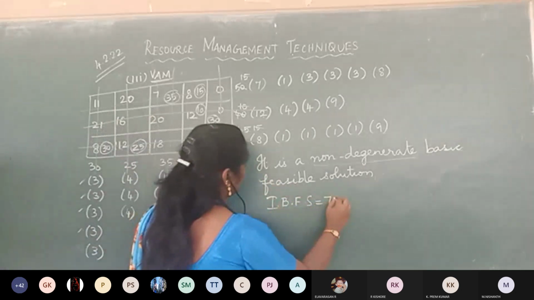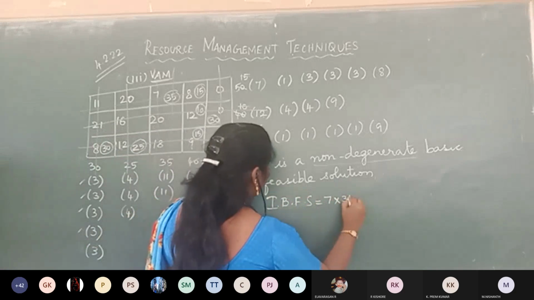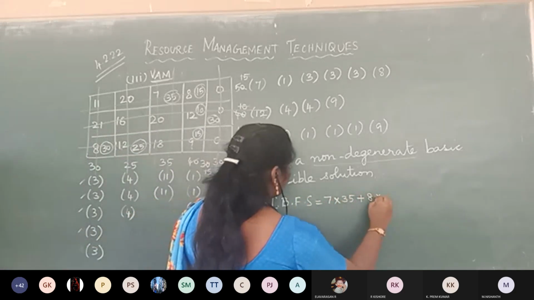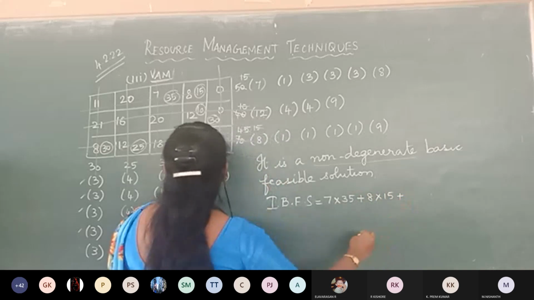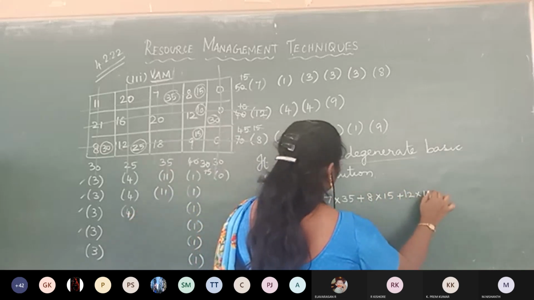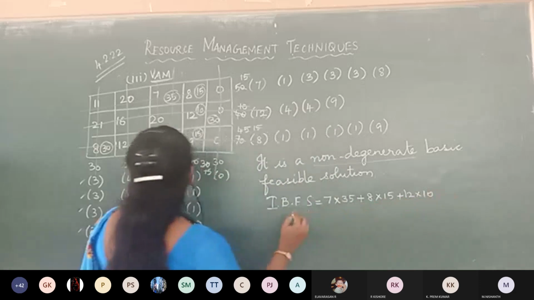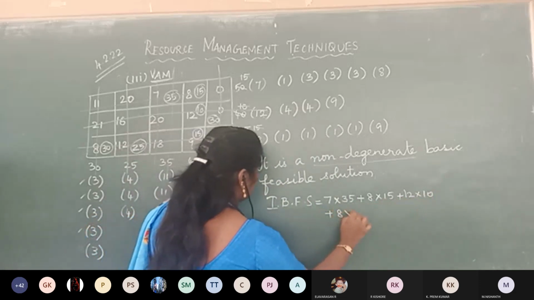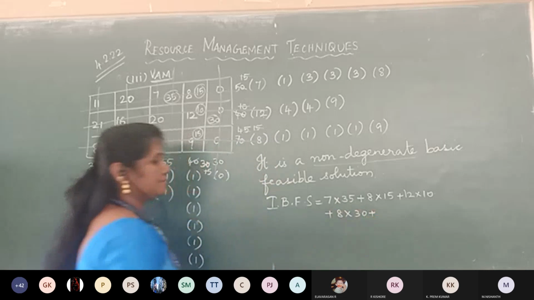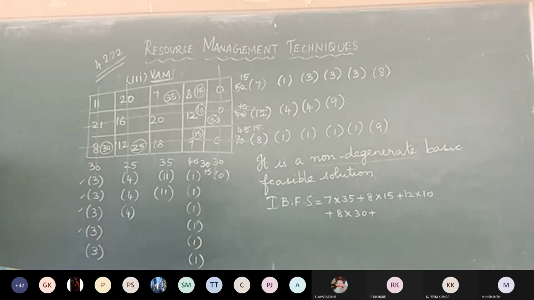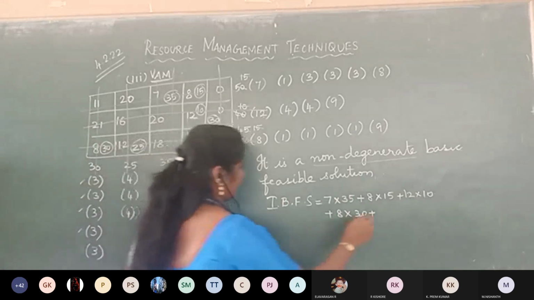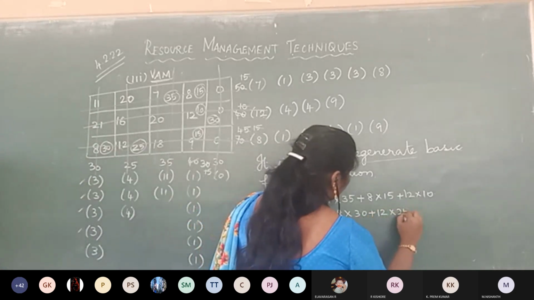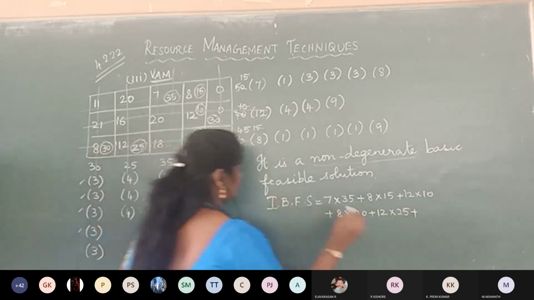You multiply it. 7 into 35 plus 8 into 15 plus 12 into 10 plus 0 plus 12 into 25 plus 9 into 15.